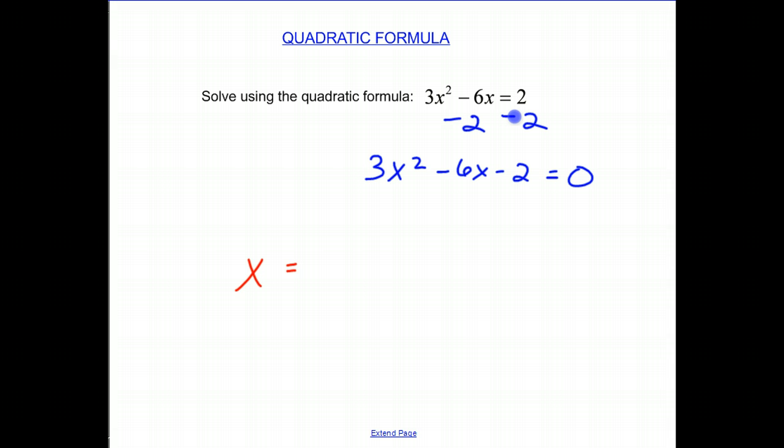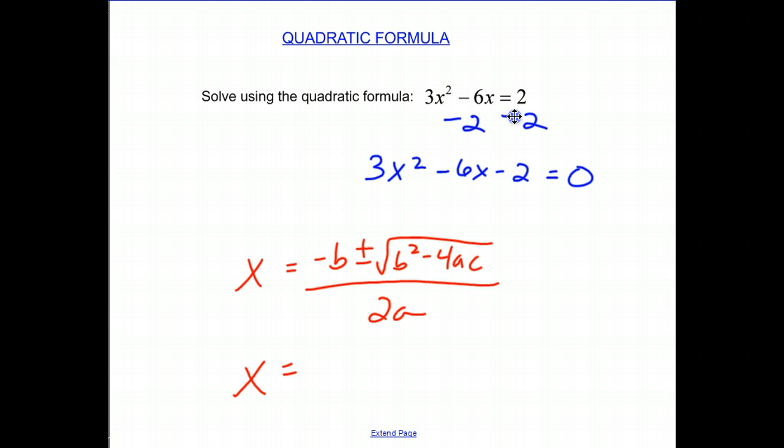So x equals negative b plus or minus square root of b squared minus 4ac all over 2a. And now we're just going to plug in and solve. Our a here is 3, b is negative 6, and c is negative 2. So let's just plug these in and solve. So I'm going to keep my x in red again.